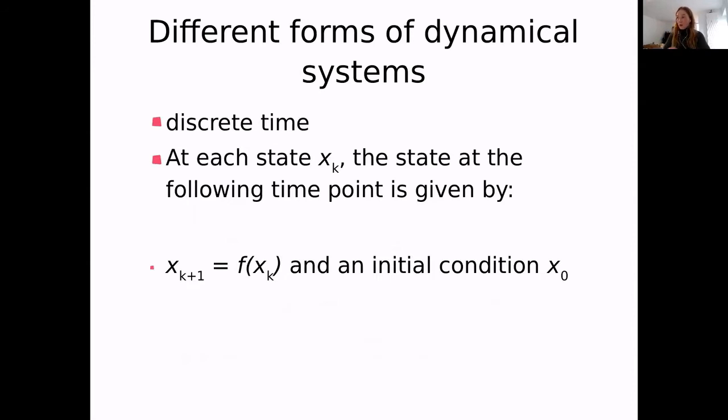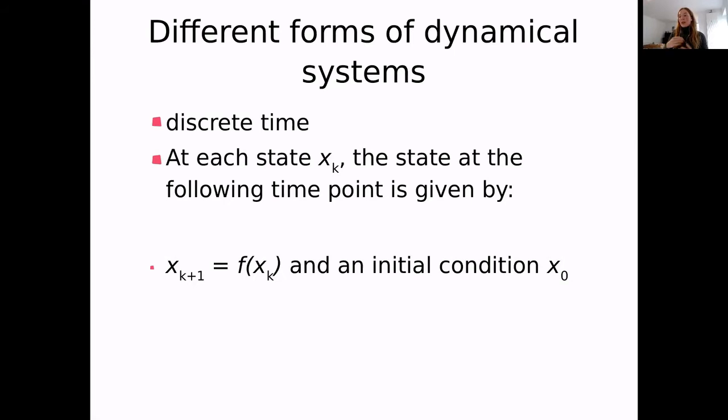And another form of dynamical systems is going from continuous time, so having this function over time, to discrete time. So when you have an engineering system, you're probably measuring the system in discrete time. And then you have another way to define a dynamical system.